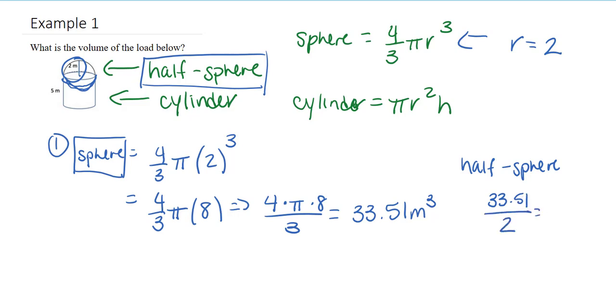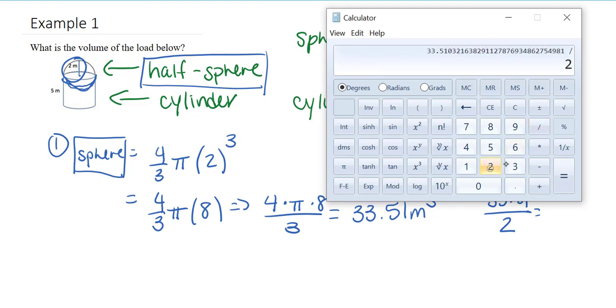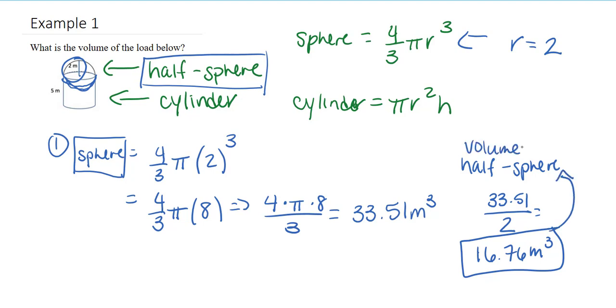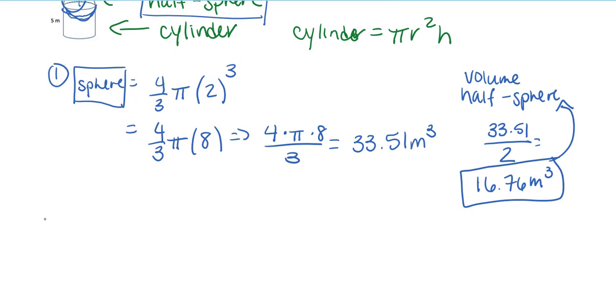So what do we get then? We get 16.76. So 16.76 meters cubed is our half sphere, the volume of a half sphere. So we solved for one shape. Let's solve for the other one, which is our cylinder.